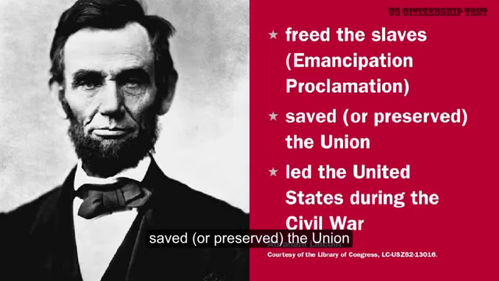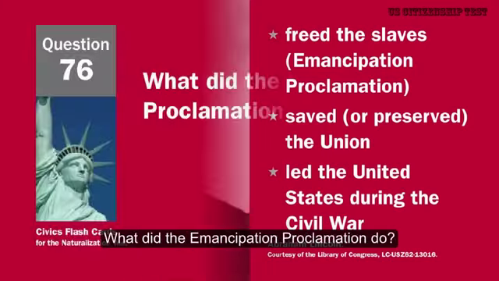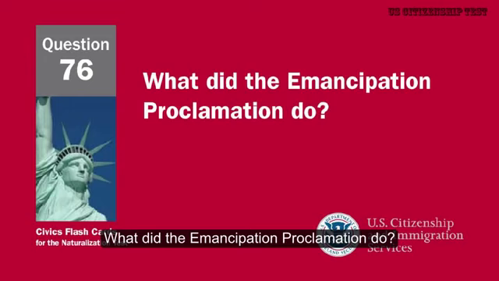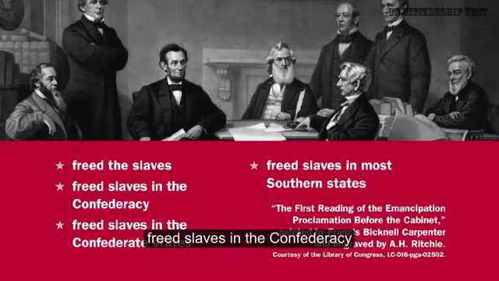Saved or preserved the Union. Led the United States during the Civil War. What did the Emancipation Proclamation do? Freed the slaves. Freed slaves in the Confederacy. Freed slaves in the Confederate States. Freed slaves in most Southern states.